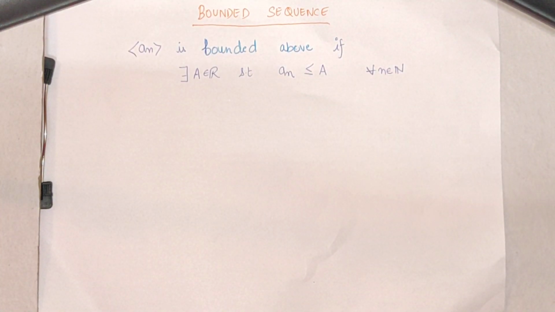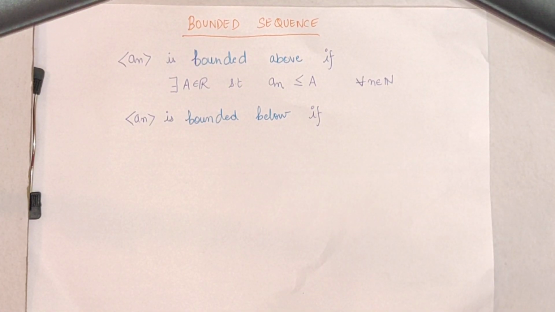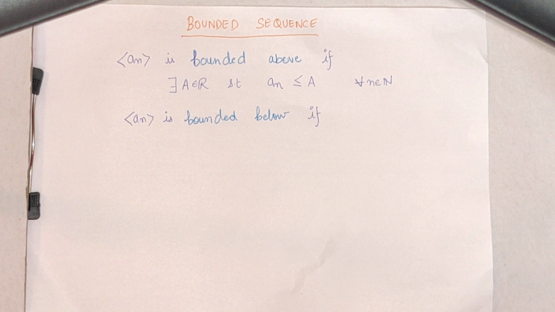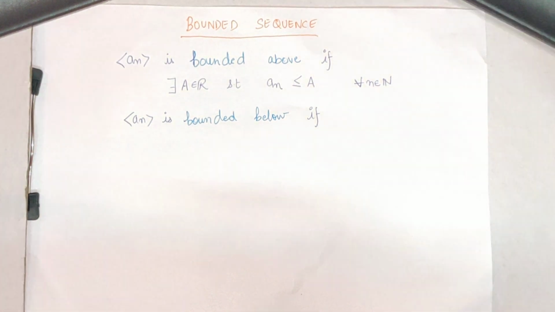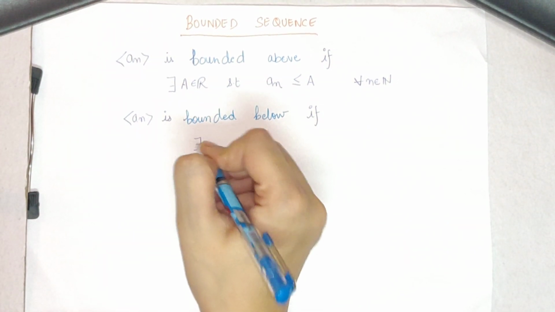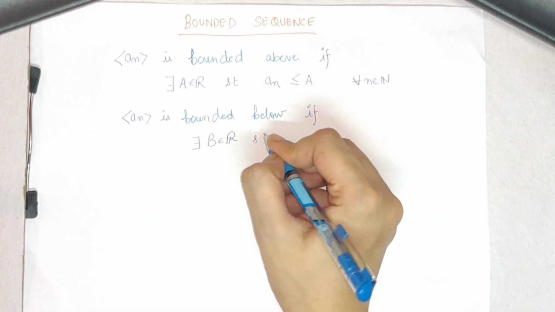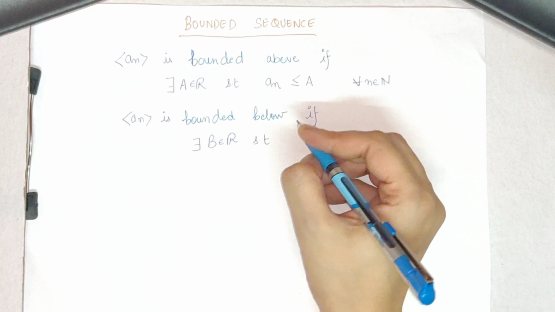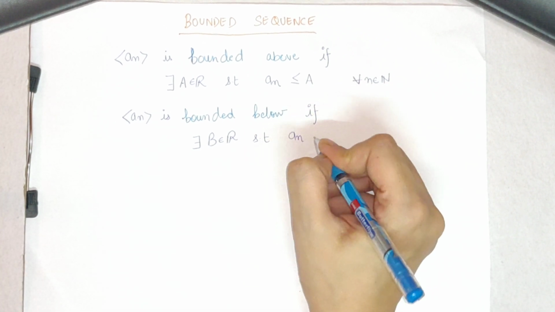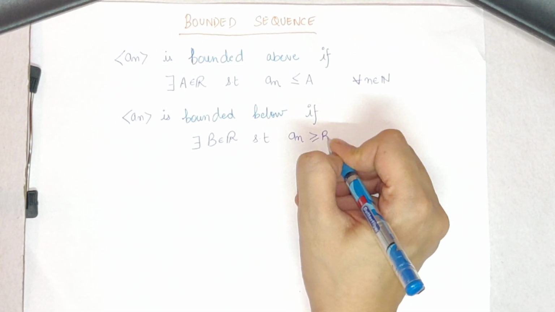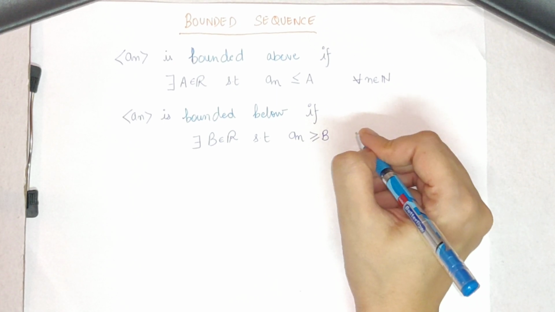Simple. Similarly, a sequence a_n is bounded below if there exists some real number B, suppose, such that every member of that sequence is greater than or equal to B. That means it has a lower bound.